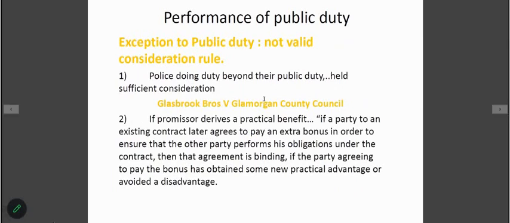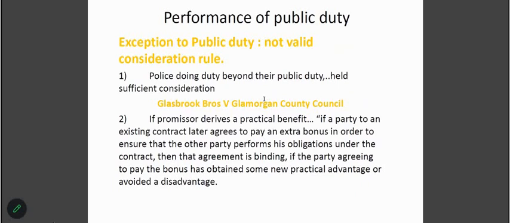For example, an exception to public duty: not valid consideration. Two, police doing duty beyond their public duty, held to be sufficient consideration. For example, Glasbrook Brothers versus Glamorgan County Council. Promisees derive a practical benefit: if a party to an existing contract agrees to pay an extra bonus in order to ensure the other party performs its obligation under the contract, then the agreement is binding.